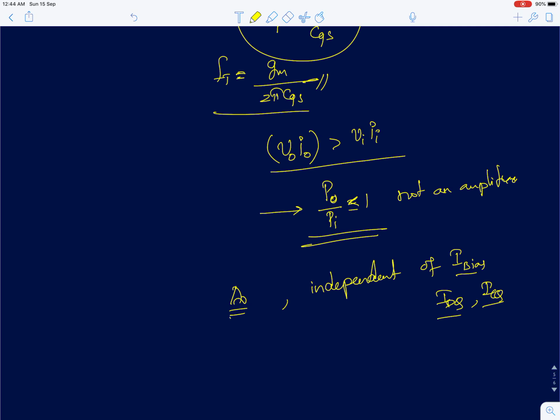We also found FT for a MOSFET, the point where your amplifier no longer behaves like an amplifier, where your power gain becomes less than 1 for a single MOSFET. I'll stop at this point.